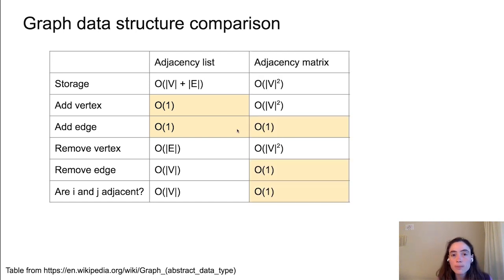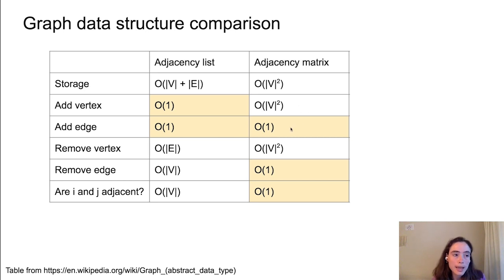So in comparison, for an adjacency matrix, we can see that adding a vertex is much more computationally expensive. It takes on the order of the number of vertices squared to add a new vertex, because we need to essentially copy the matrix and create a whole new matrix that has size n+1 by n+1.